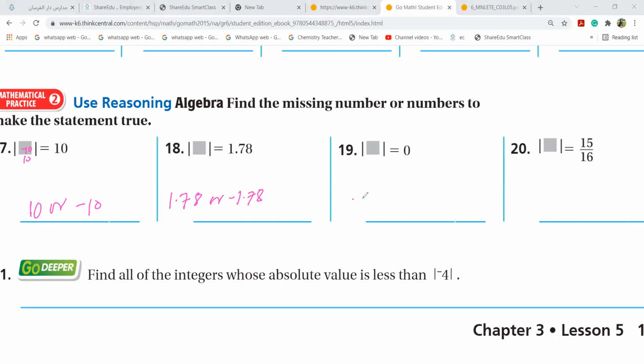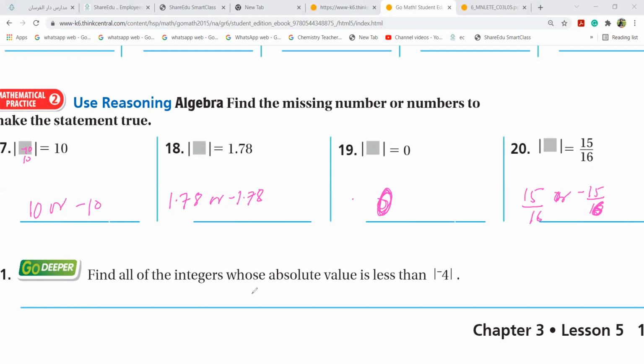Zero can never be negative or positive, I'll just write 0, okay? And lastly, 15 over 16 can be positive or negative. Understood?